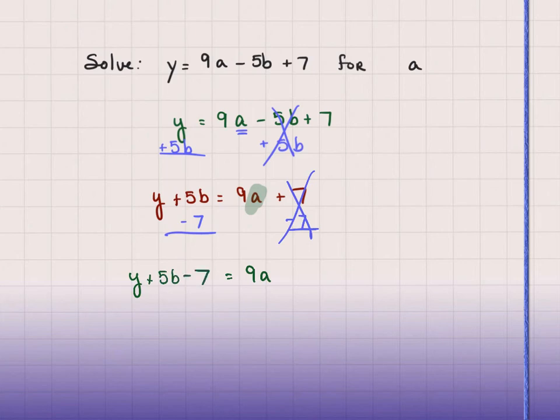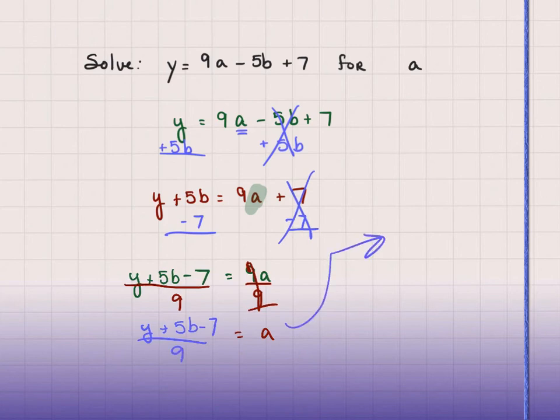And lastly, it's 9 times a, so I'm going to divide by 9 on both sides. 9 over 9 is just a 1. A equals y plus 5b minus 7 over 9. I'll write it up here so it's cleaner, and I'll reverse it.